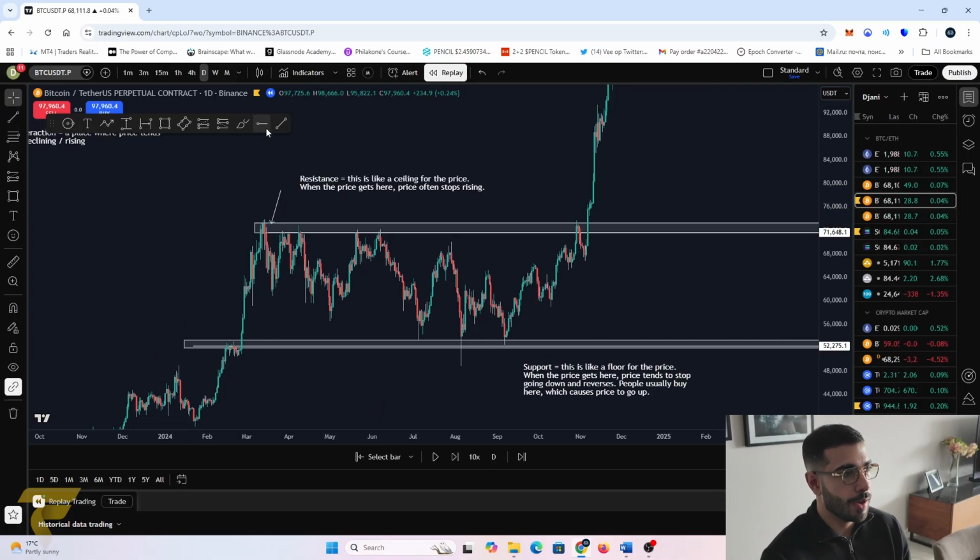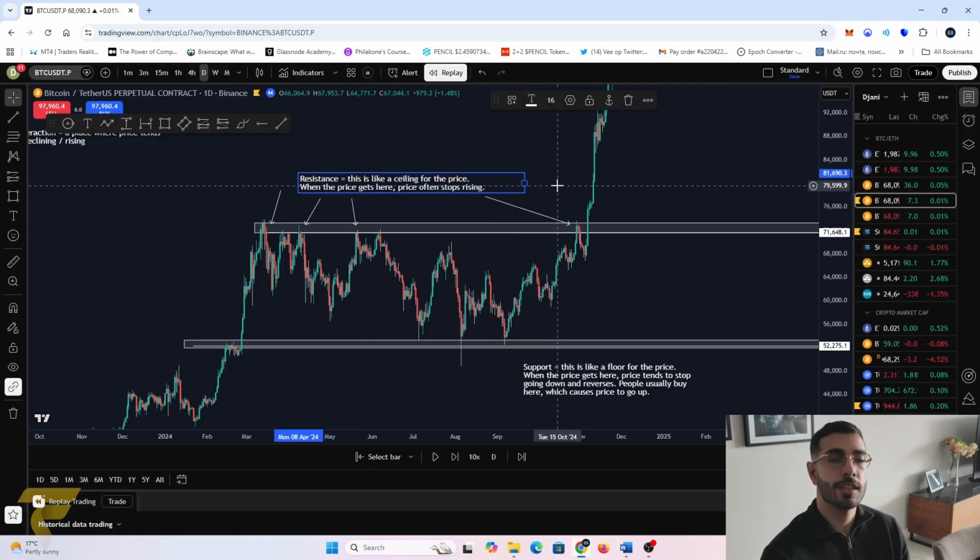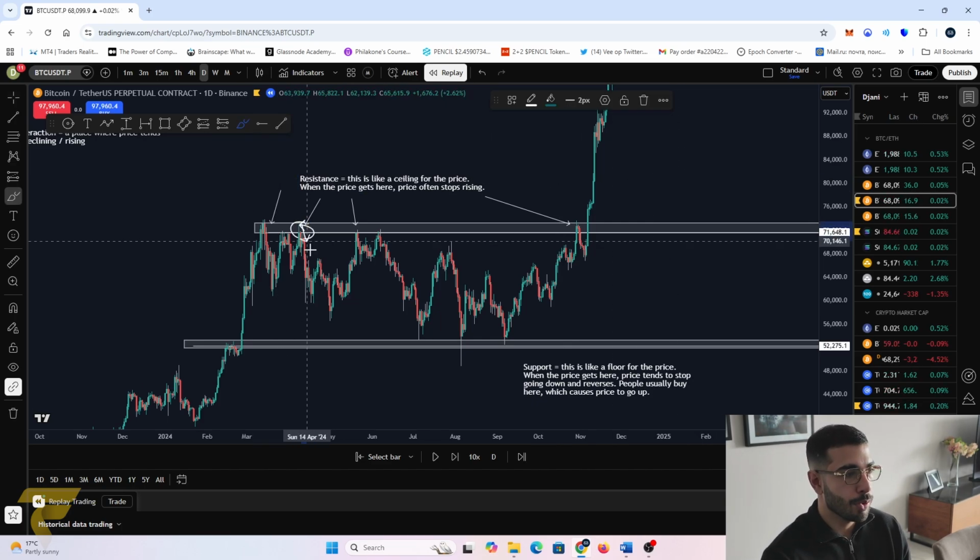Every single time when price tends to go to the upper side of the box, as in the ceiling, you can clearly see that price tends to weaken and stop rising. Okay, it hits the box, goes lower. It hits the box, it goes lower. It hits the box, it goes lower.